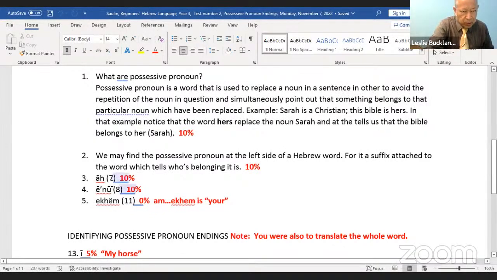Ten percent I gave you anyway. And a would be the feminine possessive ending, meaning her. Enu would be the first person plural possessive pronoun ending, meaning our. Ekem.